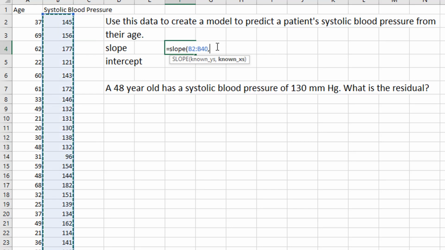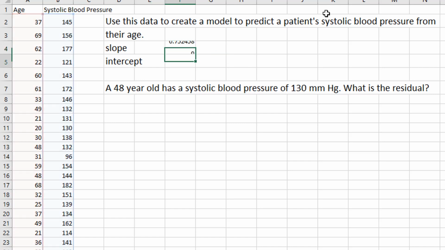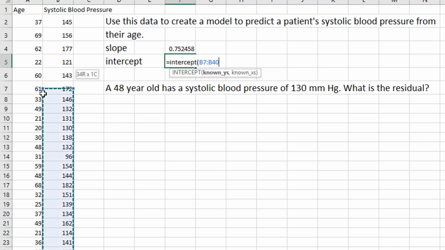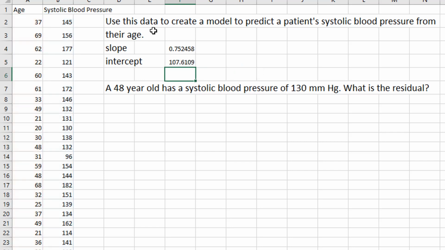B2 to B40, comma. My X's, A2 to A40. That's my slope. Intercept equals INTERCEPT, parenthesis, the same ranges, my systolic blood pressures and my ages. And there we go. That's my intercept.